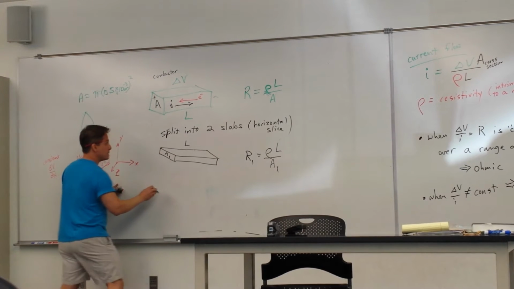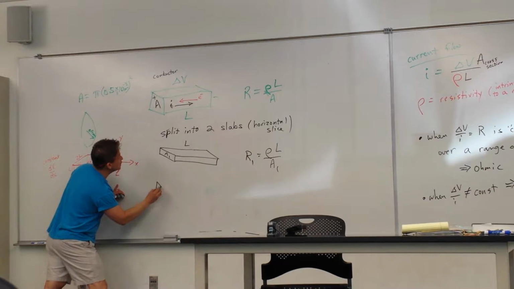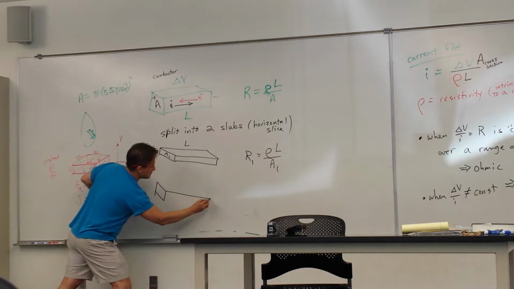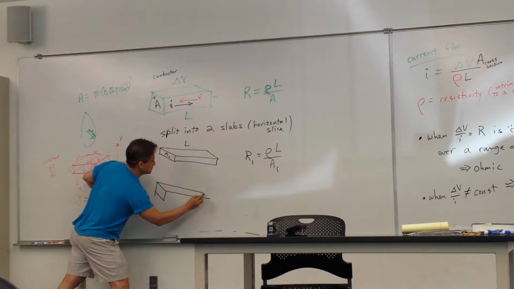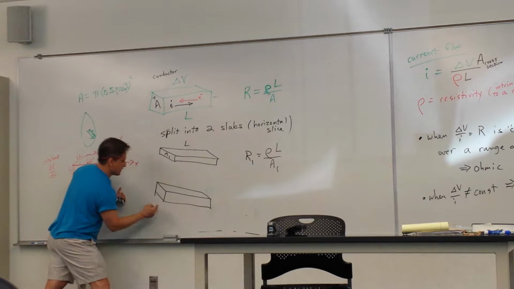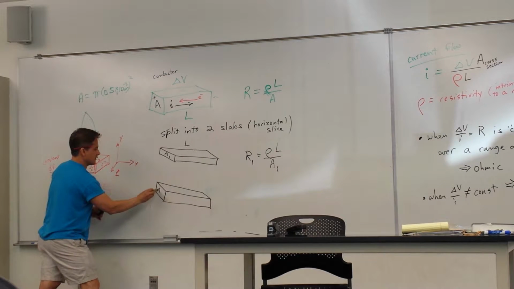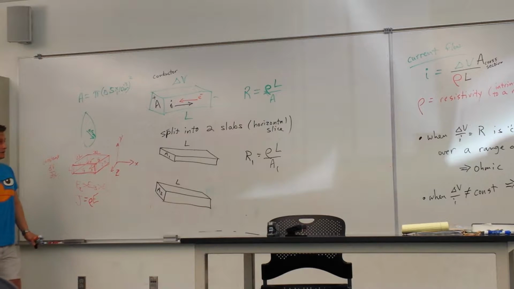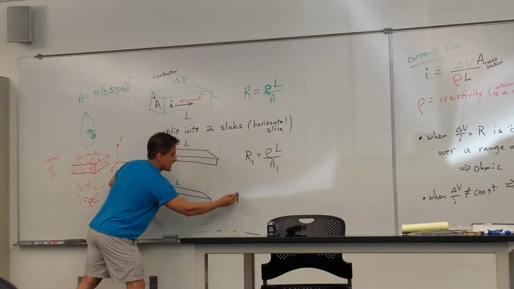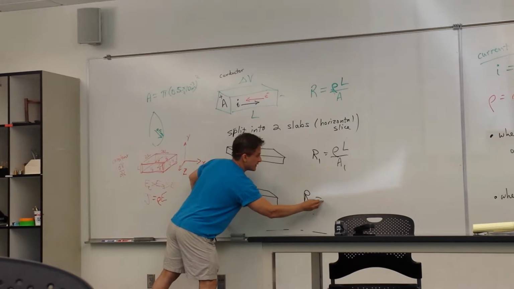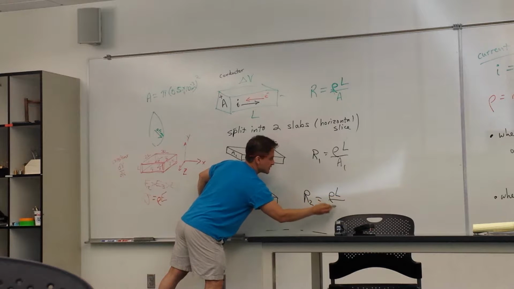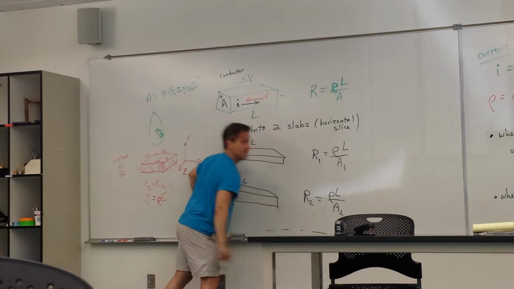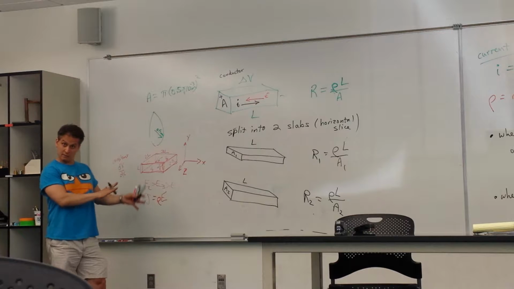The second slab, I'll make it a little bit larger. Where's TU when I need it? A2, same length L. We could write the resistance of this slab as resistivity times L over A2. Is that reasonable?